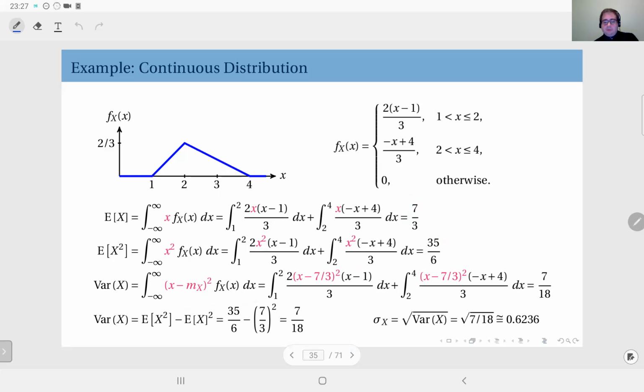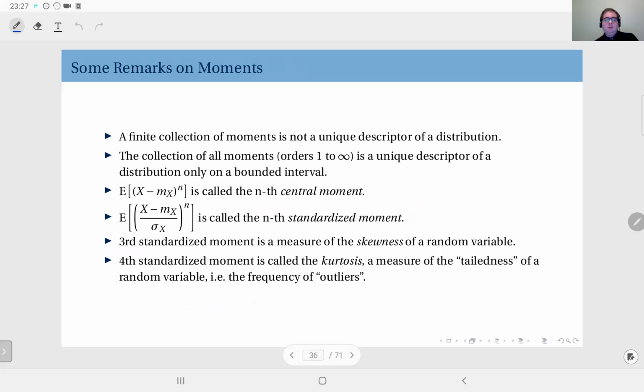Now, next, I'm going to make some remarks on moments in general for both continuous and discrete distributions, and also mixed type. First of all, a finite collection of moments is not a unique descriptor of a distribution. That means you have a bunch of statistics about the distribution. It does not tell the entire story.